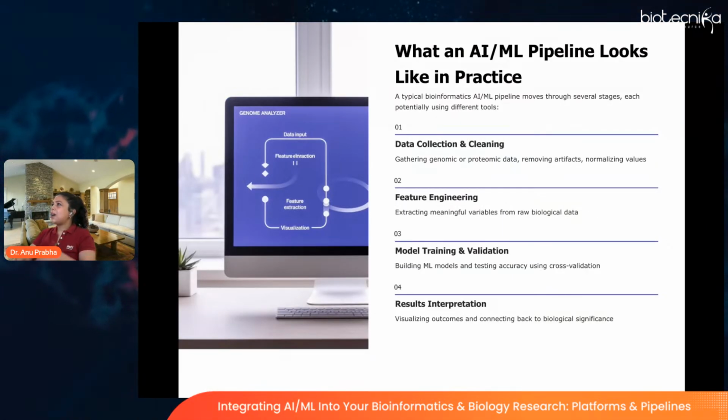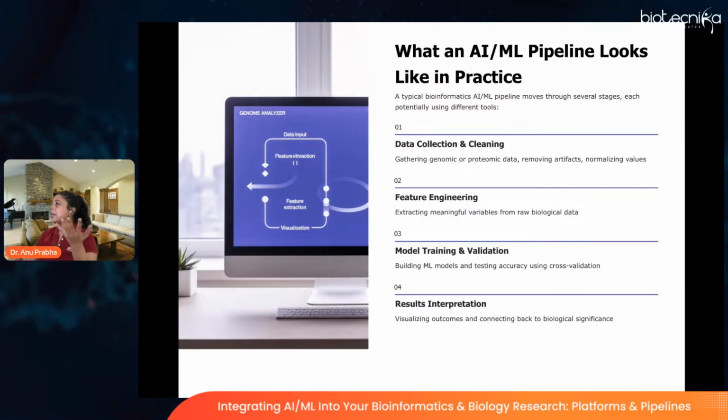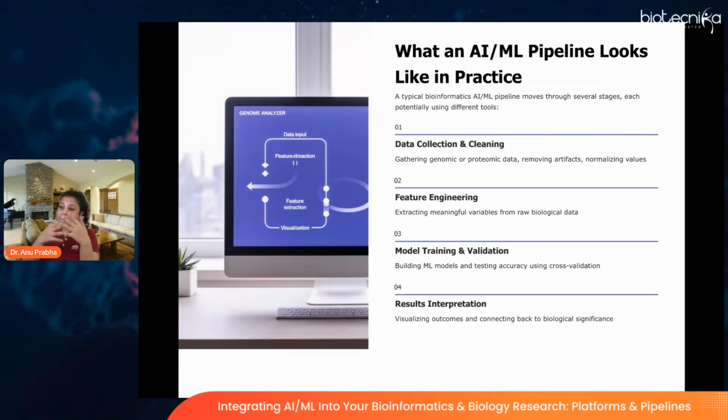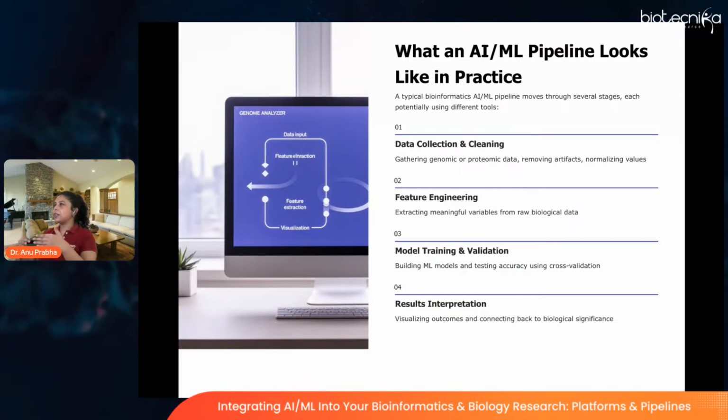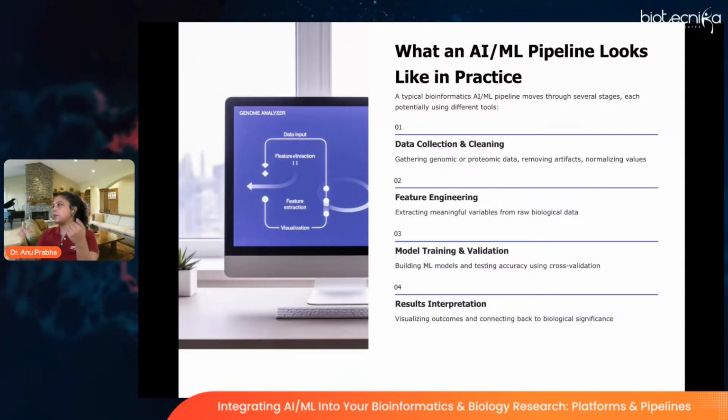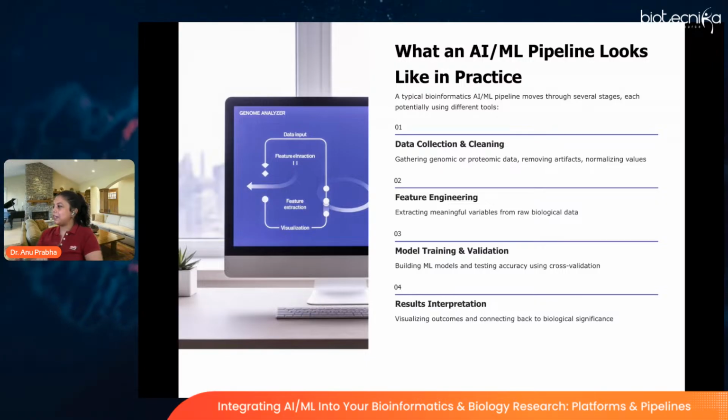Okay, so how does a pipeline look like mostly? What a real pipeline is, maybe lines and lines of code, but there are different stages of it. Generally, the initial part of it is, what data are you going to use? Once you have that data, how are you going to extract that data, how are you going to clean that data?